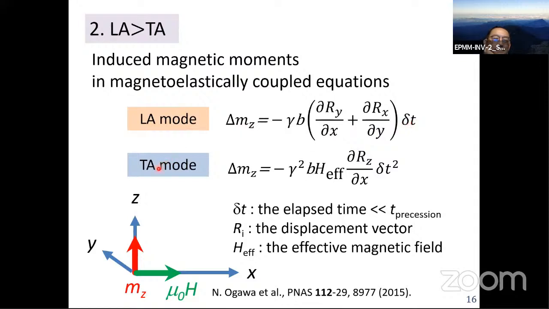On the other hand, in the case of the transverse acoustic mode, the induced magnetic moment is proportional to the square of the elapsed time. Because the elapsed time is short, the induced magnetic moment in the longitudinal acoustic mode can be much larger than in the transverse acoustic mode. So we may see a large enhancement in the longitudinal acoustic mode case.